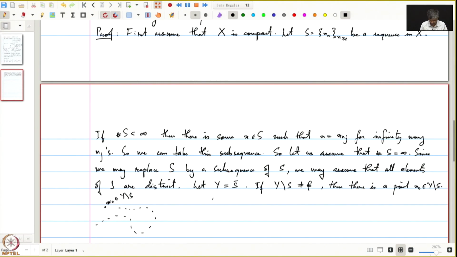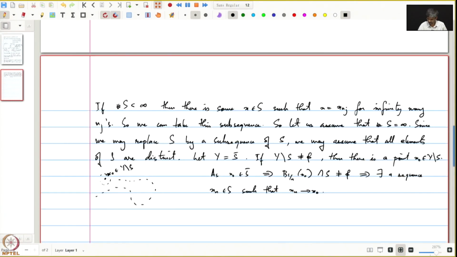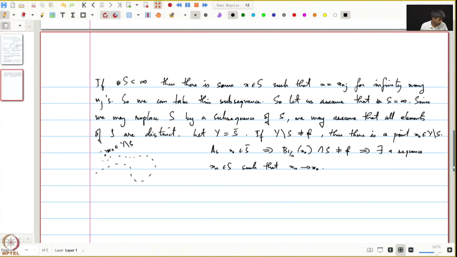And as x naught belongs to S closure, this implies when we take any neighborhood of x naught, B 1 upon n of x naught, intersection S is not empty, right? And this implies that there exists a sequence of xn in S such that xn converges to x naught, right?